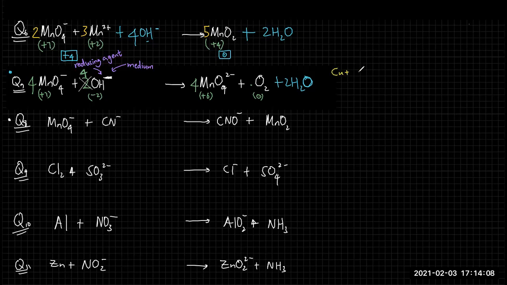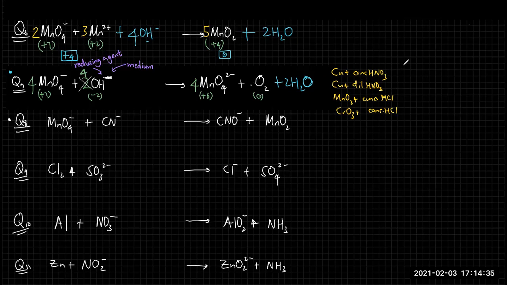When copper reacts with concentrated HNO3, or when copper reacts with diluted HNO3, or when MnO2 reacts with concentrated HCl, when CrO3 reacts with concentrated HCl. All these examples, we handle them in this way.